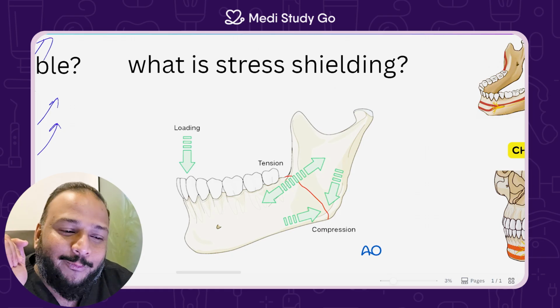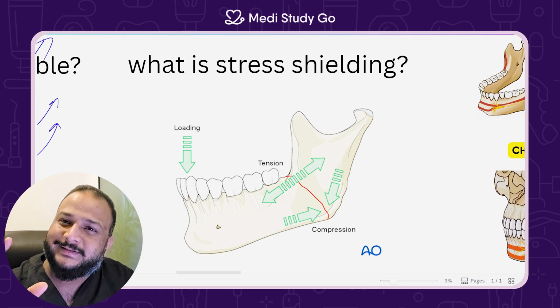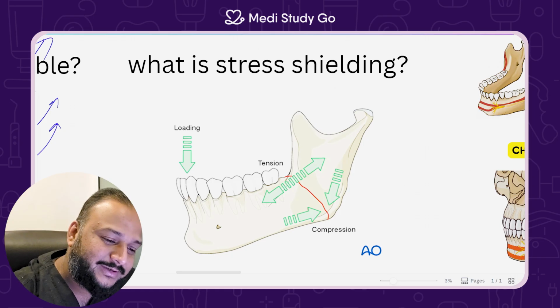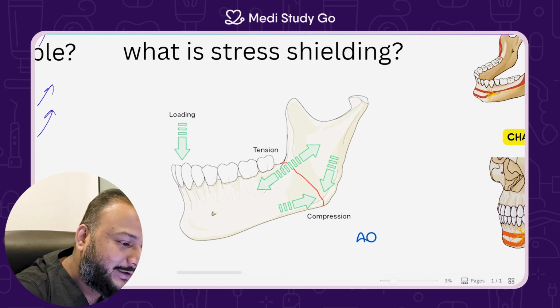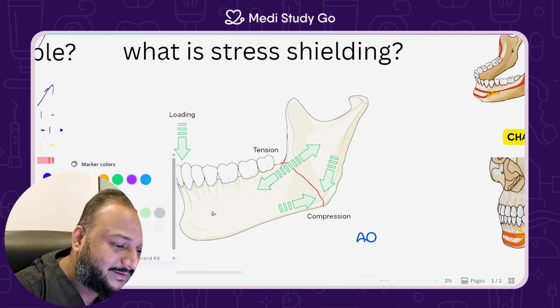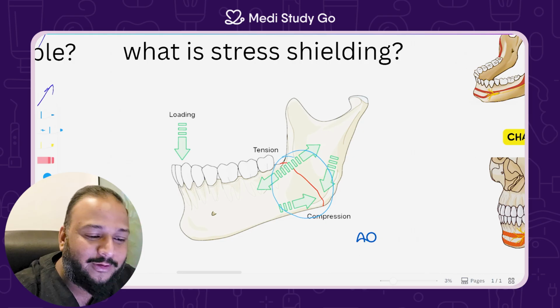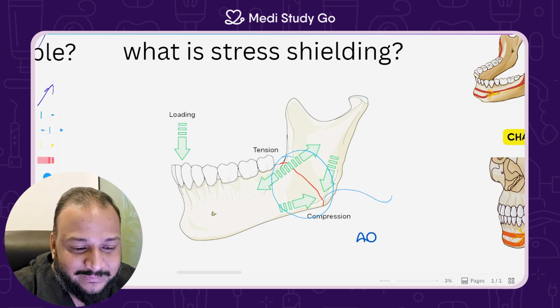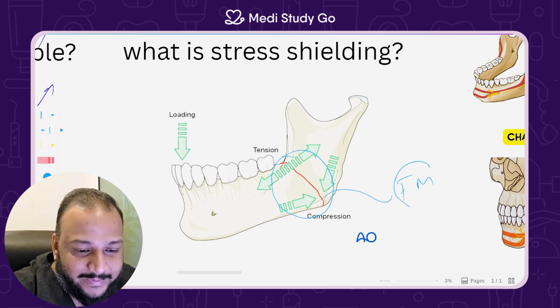But try to understand one thing now. Let's for a second consider that this fractured site that you see over here has a brain of its own, and let's call this brain the functional matrix.